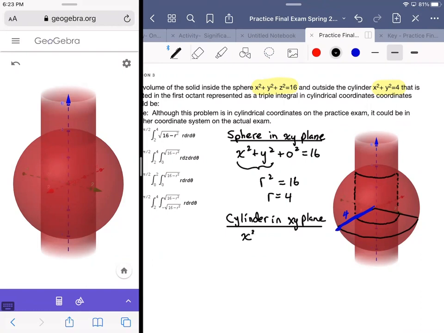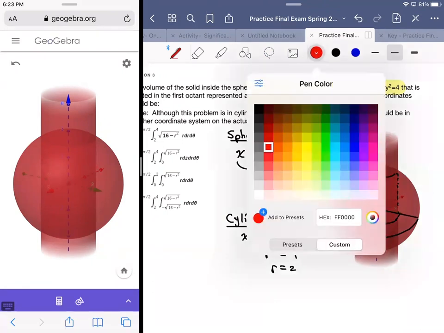So x squared plus y squared equals 4. We're looking at r squared equal to 4, which means r is equal to 2. So that's this piece here. And that actually, believe it or not, is somewhat visible. Not visible enough.